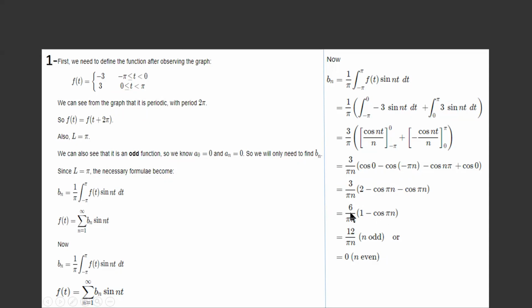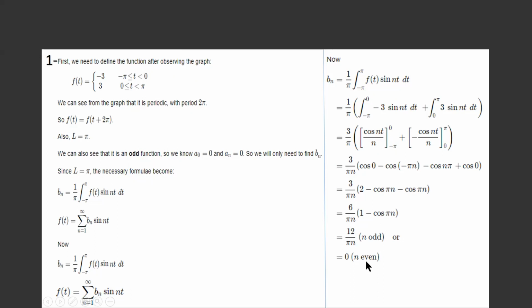2 multiplied by 3 will be 6 over n. And if n is even, this will be 0, because cosine 2 pi will be 1, and 1 minus 1 will be 0. So when n is even, the cosine will be 1, and you have 1 minus 1.